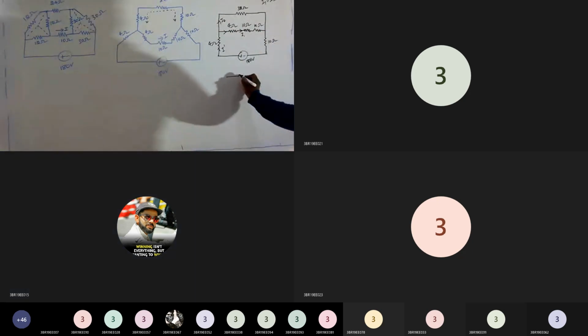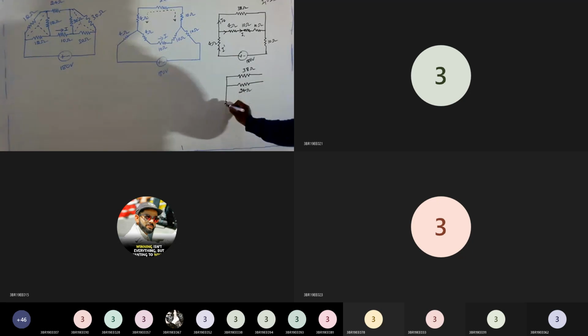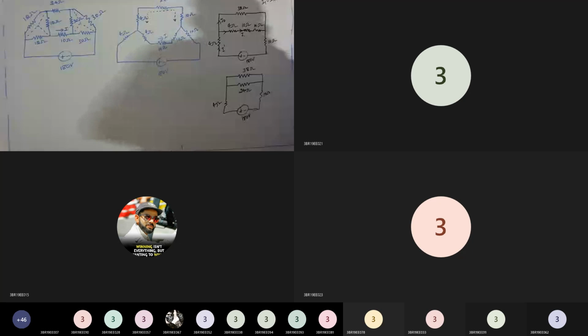Simplify. What is the parallel combination of 38 ohm and 24 ohm?